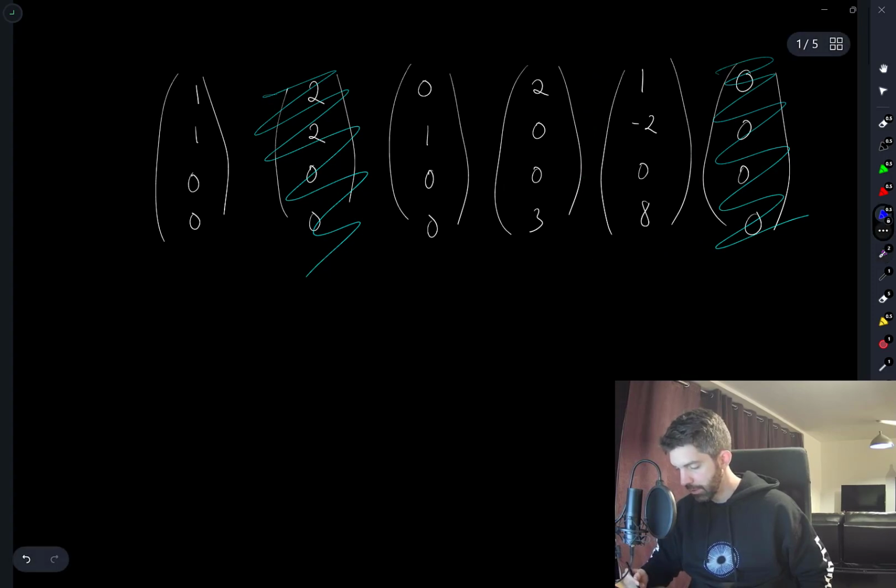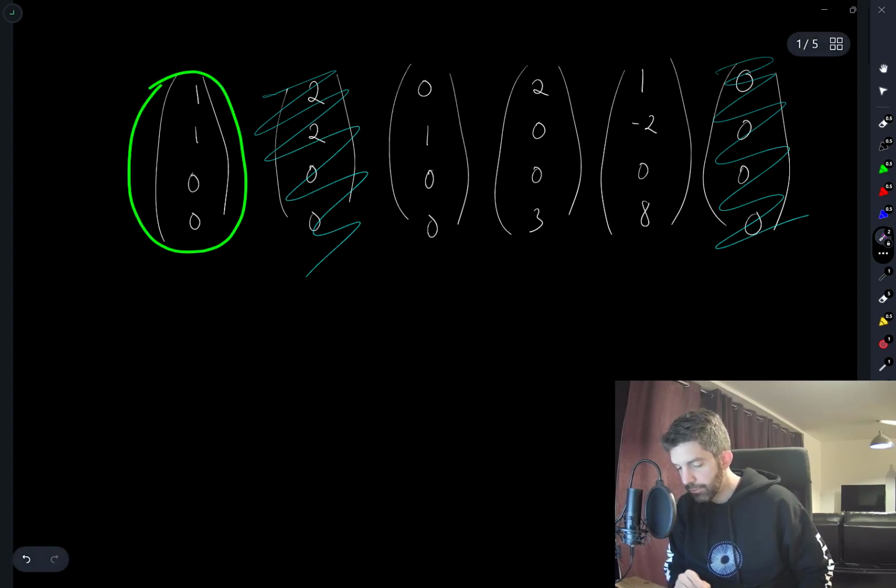I'm not going to write out the details, I'm just going to speak out loud what I'm thinking here. I can multiply this one by a real number such that the fourth coordinate is the same. Clearly, if I multiply this by 8 over 3, then the fourth coordinate will match. Then from there, I can add some linear combination of this such that the first coordinate of my resulting vector is a 1.